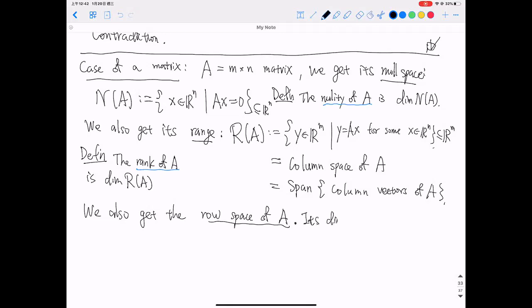Its dimension doesn't have a name. Okay.